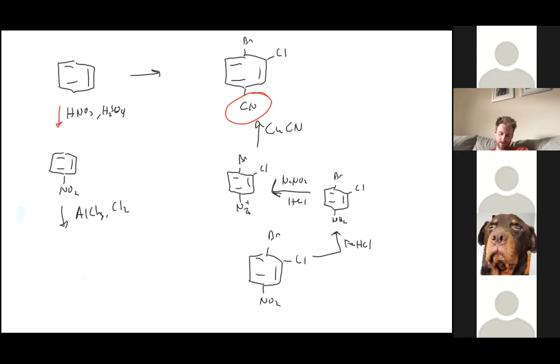So if I instead reduced first, putting in Fe, HCl, I've got a group 1, it's an ortho-para director.